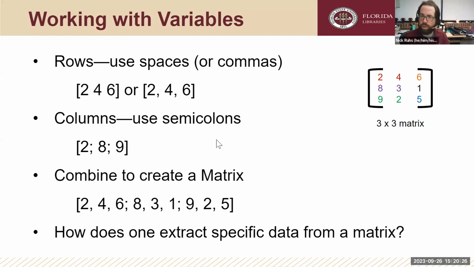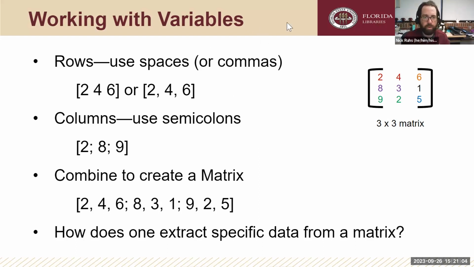I will likely use commas most of the time to differentiate that from our column vectors. Your columns are going to use semicolons. So those are going to go vertically, your rows will go horizontally. You then combine that to create a matrix. So you have your different rows separated by your commas, and then the semicolon between each row, and that'll create your columns.